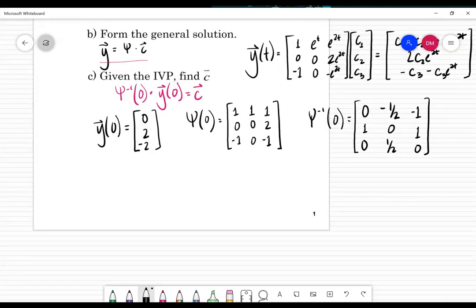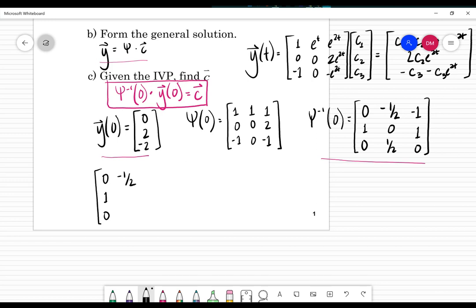Now, once you have the inverse evaluated at that initial value, and we have our initial condition, that is our y of 0, this property is saying, because we solved this equation here for C, that we have to multiply those. And obviously, we write it in that specific order because we have matrices. The order matters. And so we are going to take our 3 by 3 and multiply it by our 3 by 1.